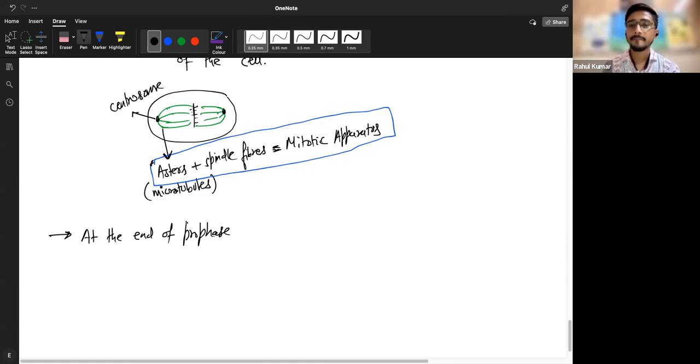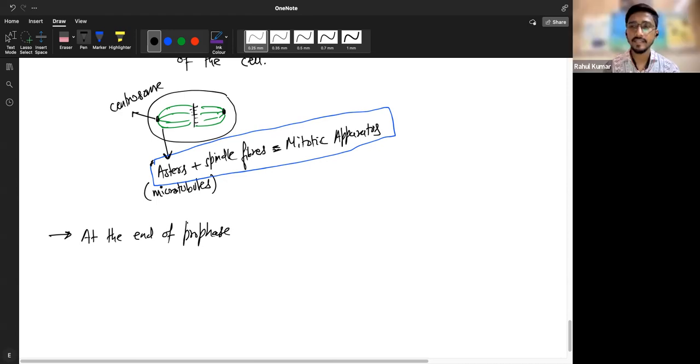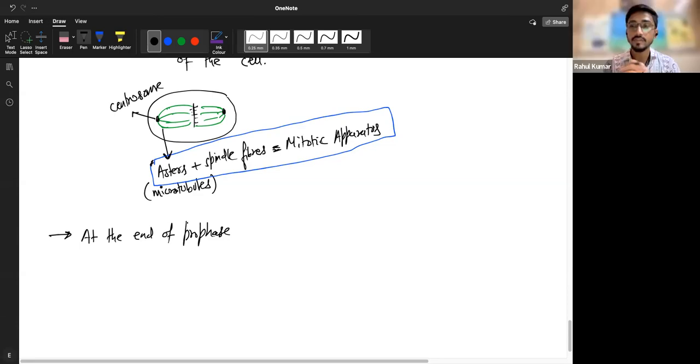Do you think if they are intact the cell can divide? It will hold up the cell, right? So before the cell starts arranging all the DNA at the metaphase, it has to dissolve all the membranes. So you will not see these membranes.